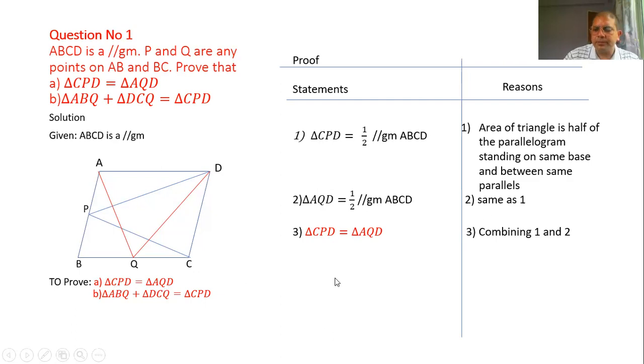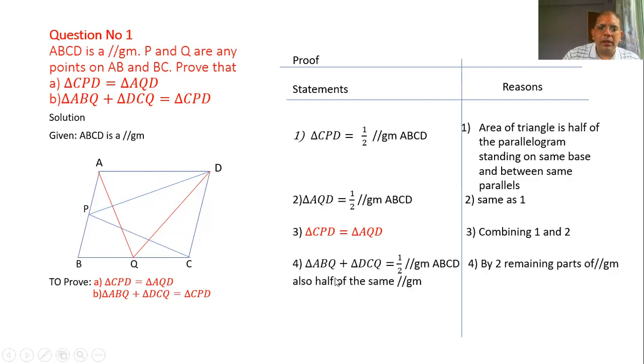Then after, if AQD is half of the parallelogram, then ABQ plus CDQ is also half of the parallelogram. So triangle ABQ plus DCQ is equal to 1 by 2 of parallelogram ABCD.